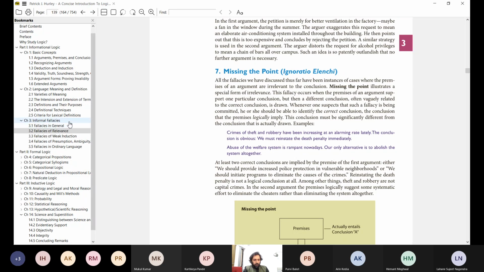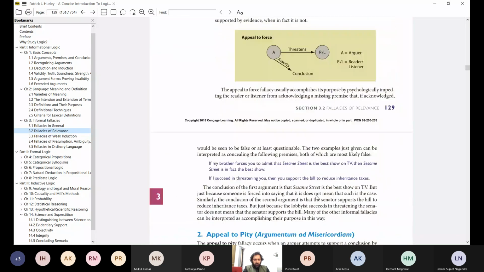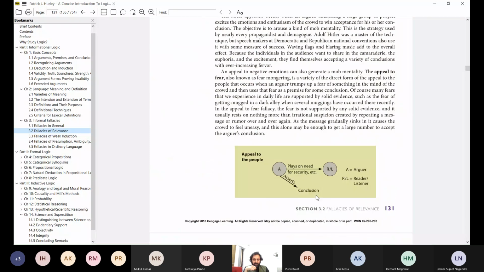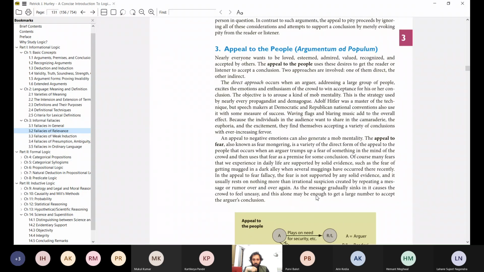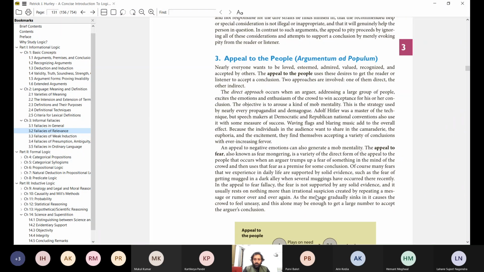So let's just start. We'll start not with the first in the list, because I think the first 2 are not so difficult to figure out. We'll start with the appeal to the people. Nearly everyone wants to be loved, esteemed, admired, etc. The appeal to the people uses these desires to get the reader or listener to accept a conclusion. 2 approaches are involved, one of them direct, the other indirect.